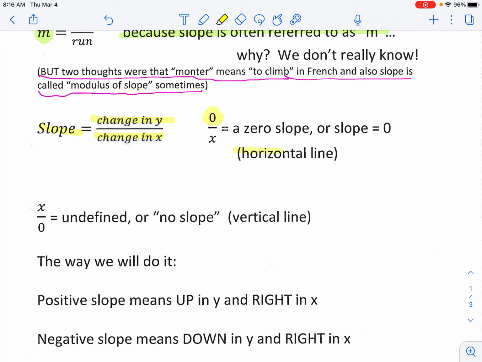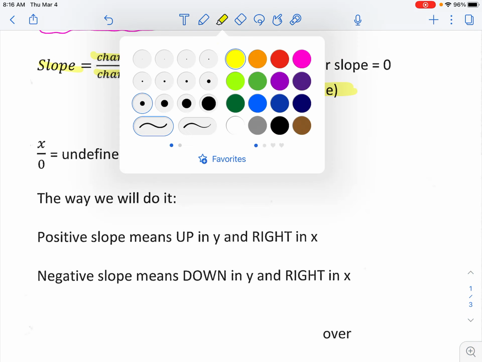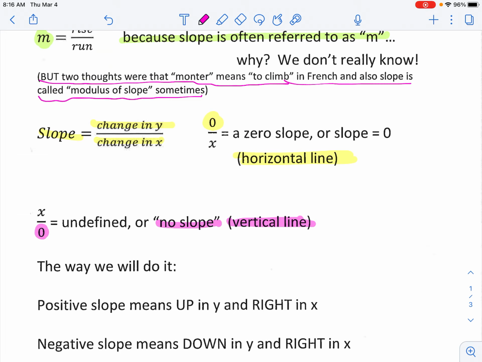If the change in y is 0, your line is going to be horizontal. If the change in x is 0, then you're going to have a vertical line, and that's defined as no slope.